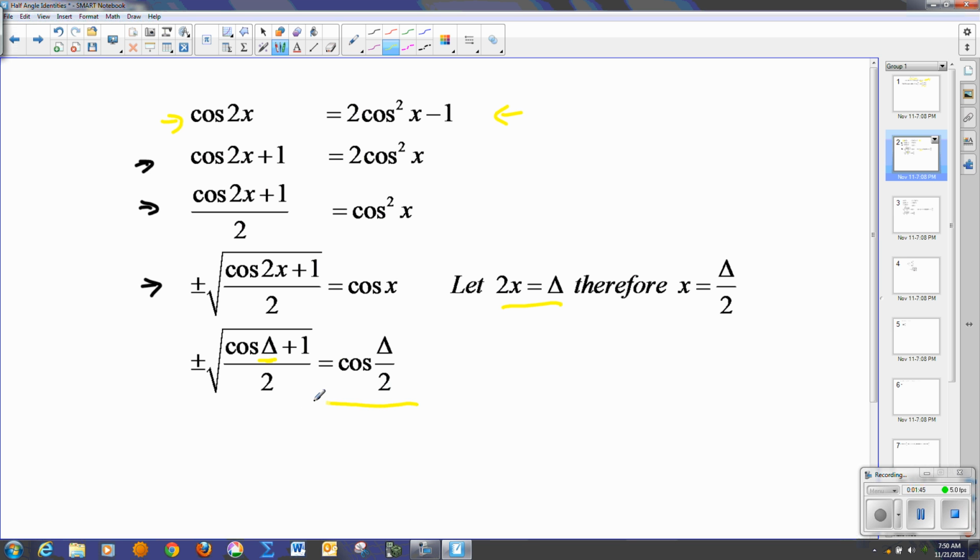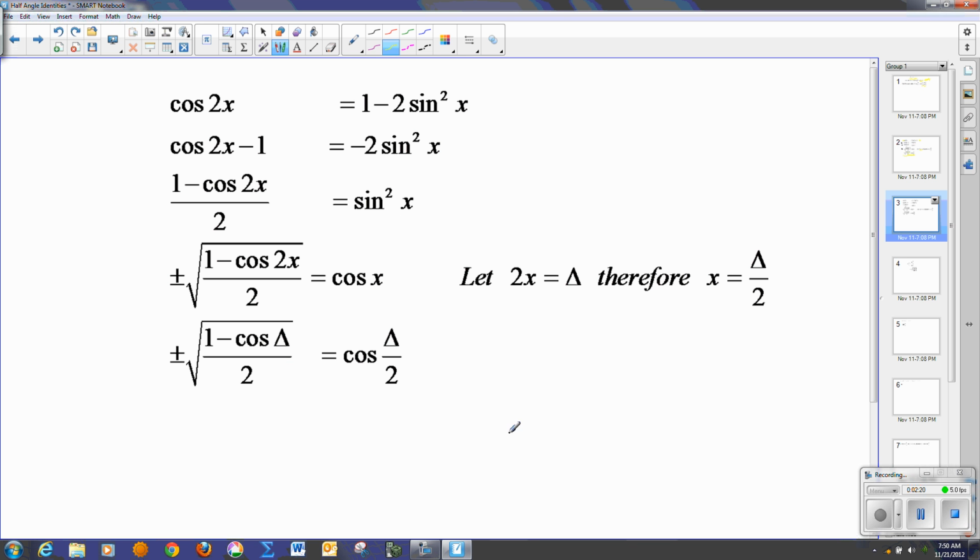So what we've come up with is this identity here that says the cosine of delta over 2, or the half-angle identity for the cosine, is equal to plus or minus the square root of the cosine of delta, or it's just any variable, plus 1 over 2. So this here is the cosine half-angle identity. Plus and minus is going to refer to what quadrant you're in. Let's look at the next one.